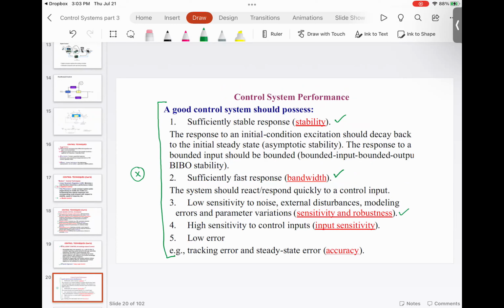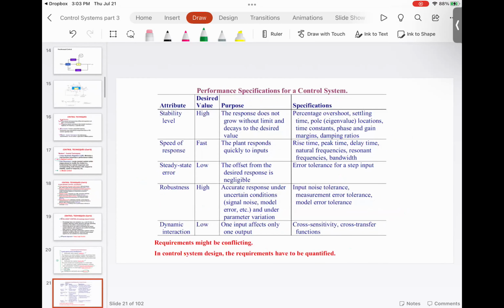So it should ignore the inputs that are not important, and it should respond to the inputs that are really required. So it should be highly sensitive to control inputs, and it should be accurate, with very low error. So these are the different parameters, and these are the desired values, and this is the purpose. And the most important part is these are the specifications that we studied in chapter 5.